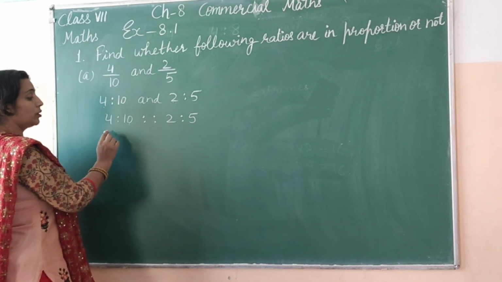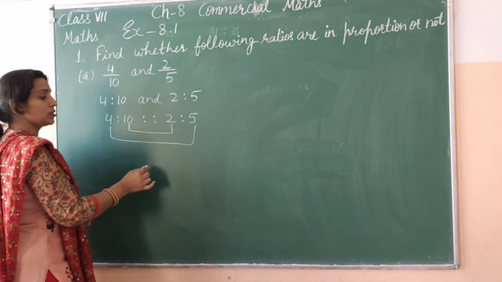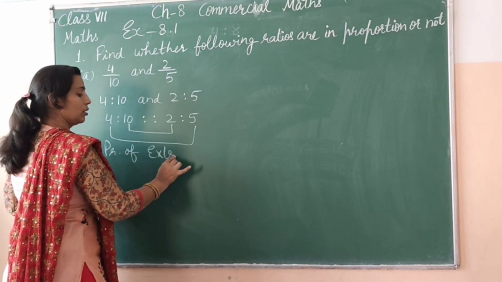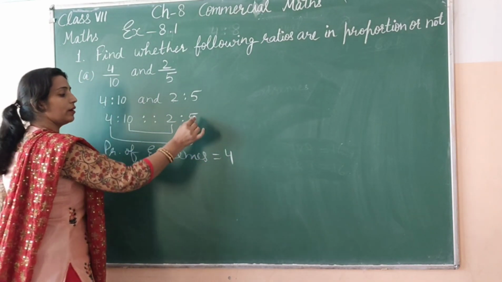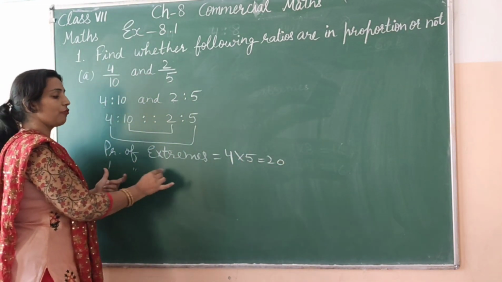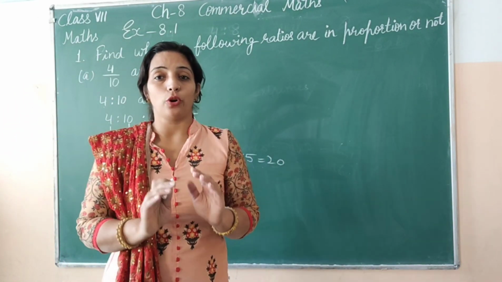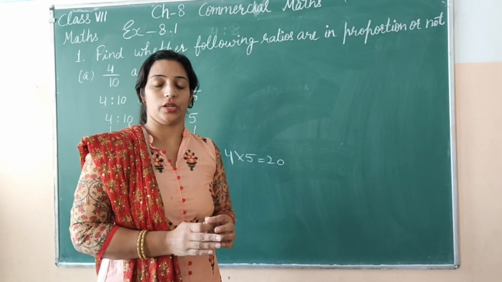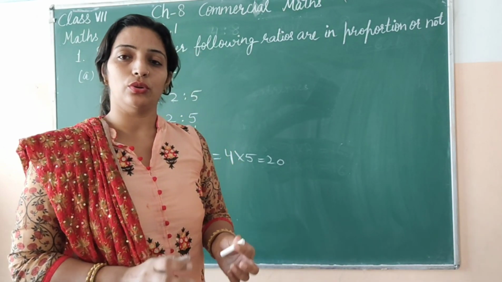So we will find the product of extremes and the product of means. If the product is not the same, then these are not in proportion. So do this yourself.